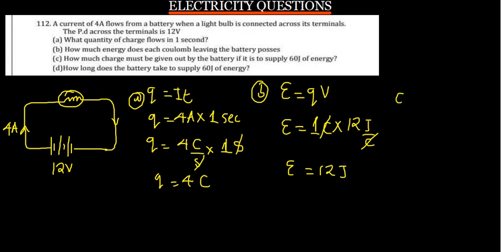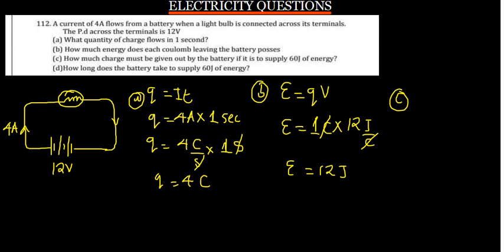And then C is saying: how much charge must be given out by the battery if it is to supply 60 joules of energy? The same voltage that you've been given, just multiply by the charge.